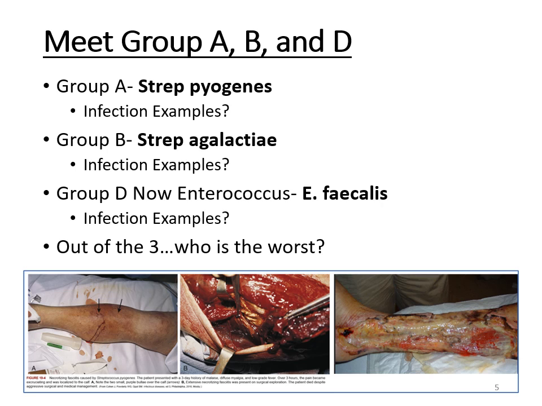The second group that we have here is group B, and the species we're going to focus on for that is Strep agalactiae. Now, Strep agalactiae is mainly known for being present in vaginal mucosa and can cause neonatal infections because of this location. You then have E. faecalis, which again is not usually as severe as Strep pyogenes.